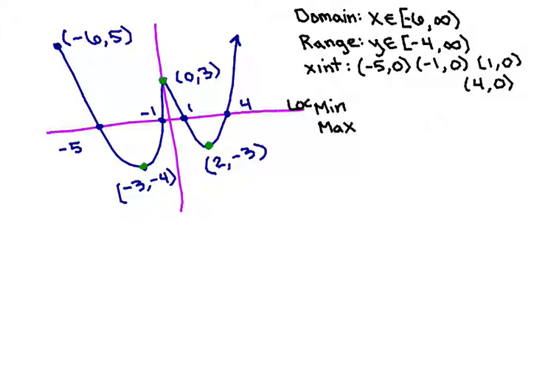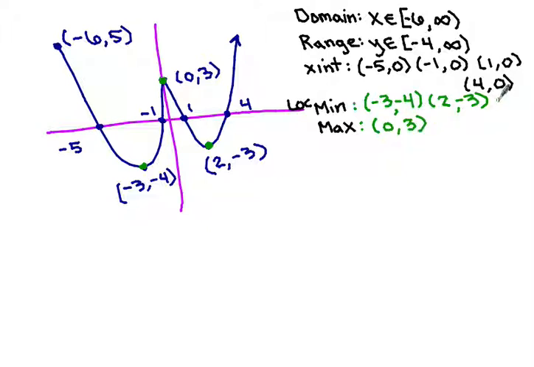So in this case, our 2 local minimums are at -3, -4, and at 2, -3. And then our local maximum is just at the top here at 0, 3.